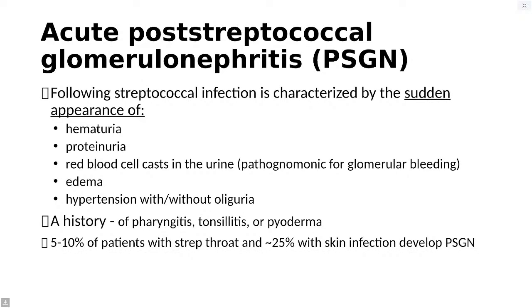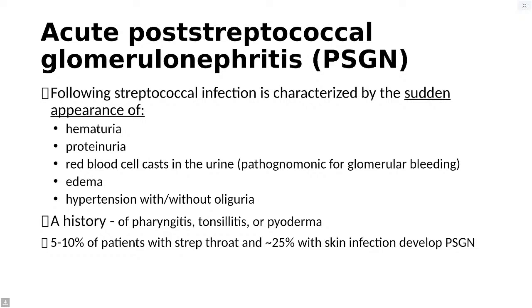And the first disease that we see here is acute post-streptococcal glomerulonephritis. I thought that in this disease, the symptoms follow a streptococcal infection, and there is sudden appearance of hematuria, proteinuria, and red blood cell casts in the urine.